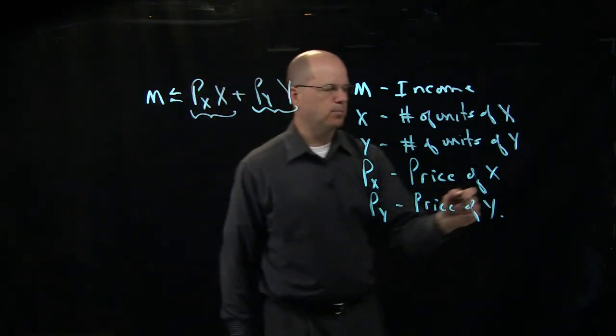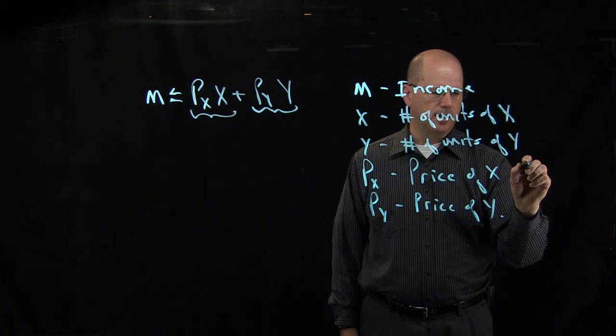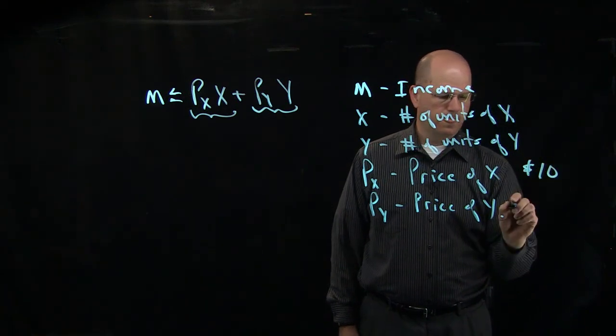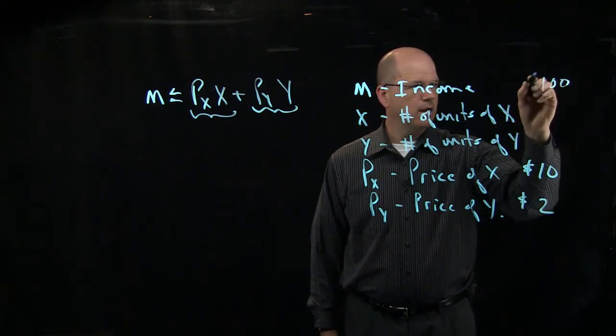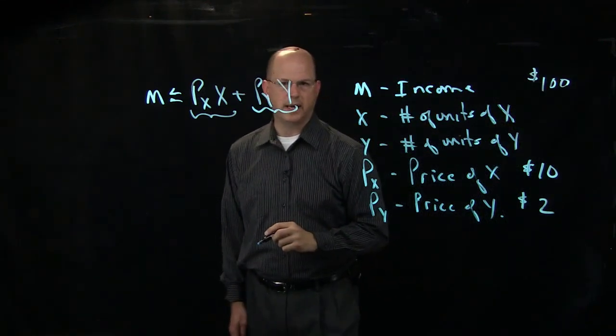So let's think about the price of X. Let's say X is $10 and Y is $2, and we have $100 to spend.